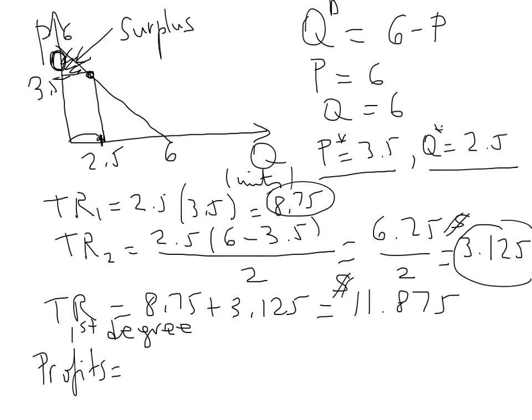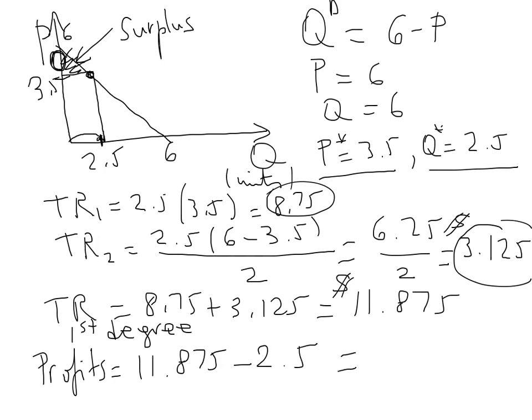So now we have to calculate profits, which equals this total revenue that we just calculated, 11.875, minus total cost, that actually stays the same because we didn't have any change in the cost structure. So what was my total cost earlier? Quantity 2.5 times average total cost, that was 2, so that's 5.